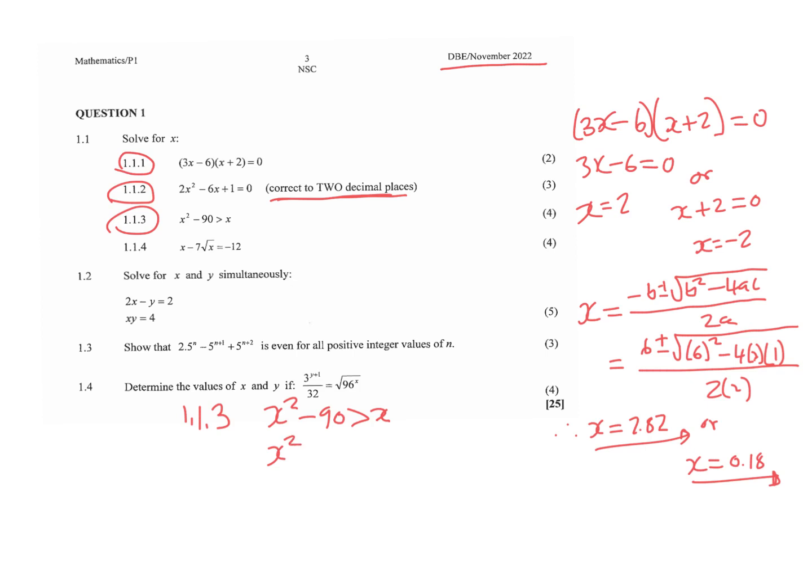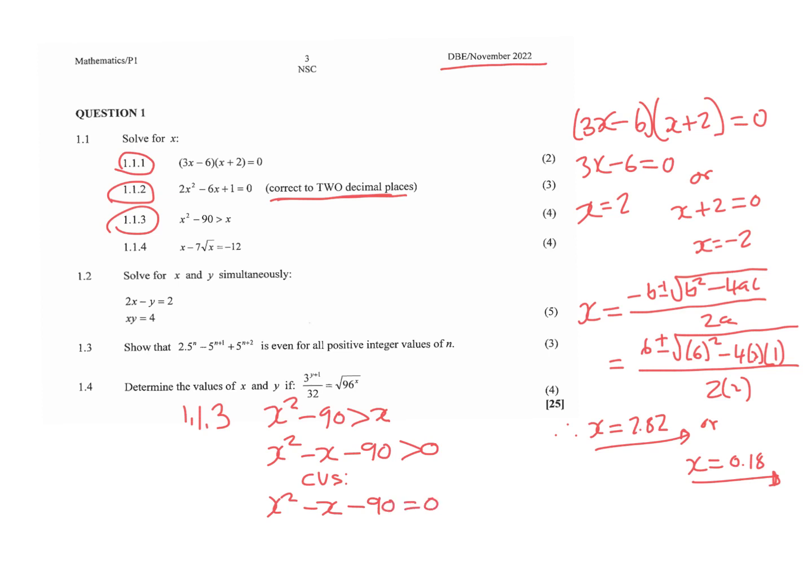We have x² - x - 90 > 0. Then from there, we can use CVs. We're looking for the critical values, so you can now use the equal sign. We have x² - x - 90 = 0.